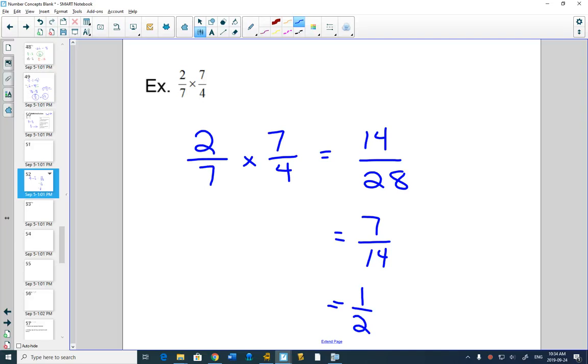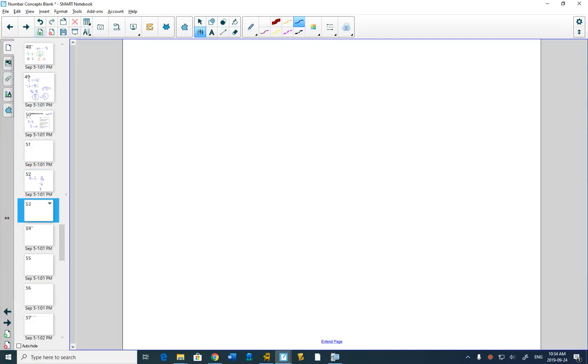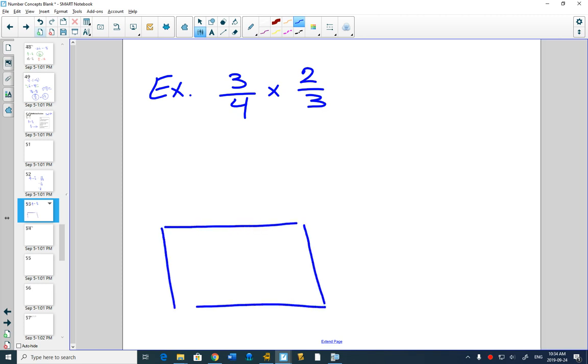Now, for me, I always like to understand why something works. So I'm going to make up another example here. I'm going to do 3/4 times 2/3. Okay, we know the rule already, but I'm going to take maybe our chocolate bar. On one edge, I'm going to split it into 4 sections.